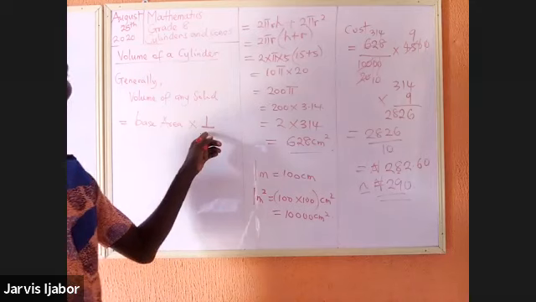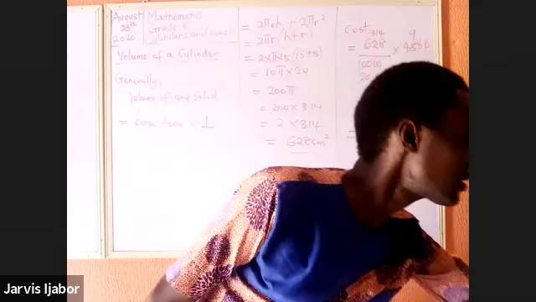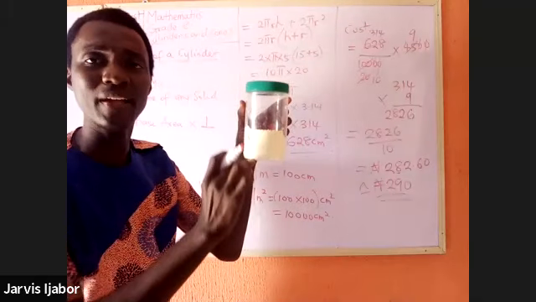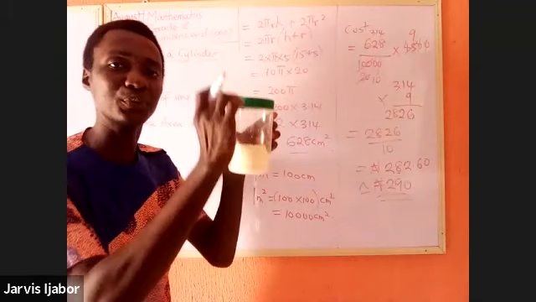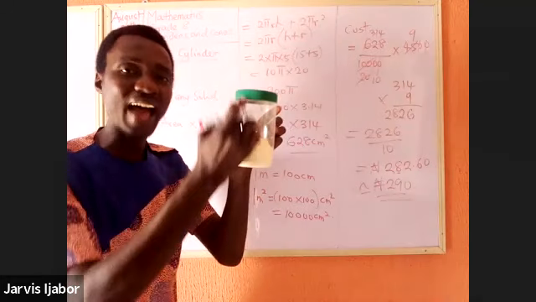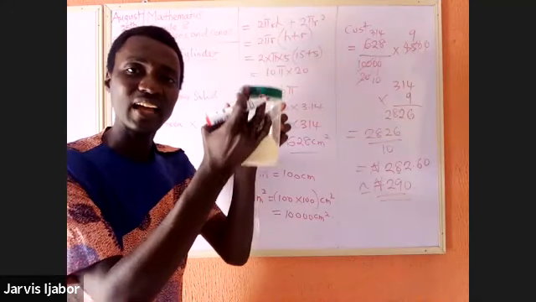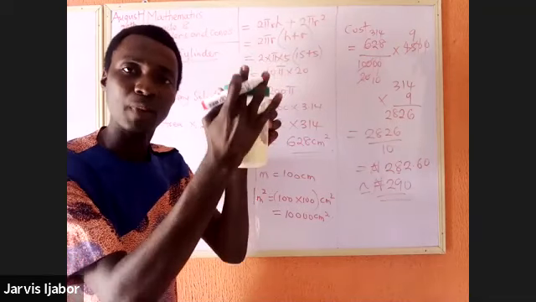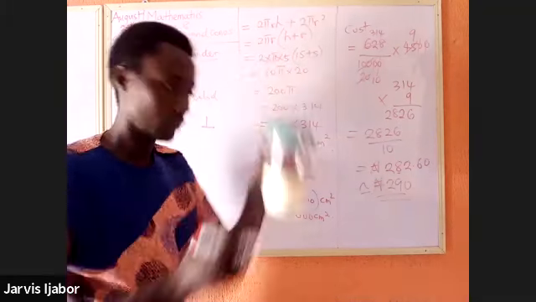Perpendicular height is height that is straight. For instance, the height that exists in this cylinder is called the perpendicular height. You will copy, don't worry. Good.